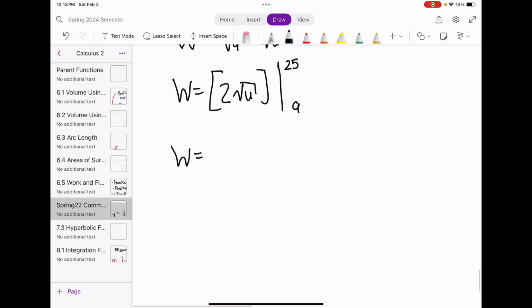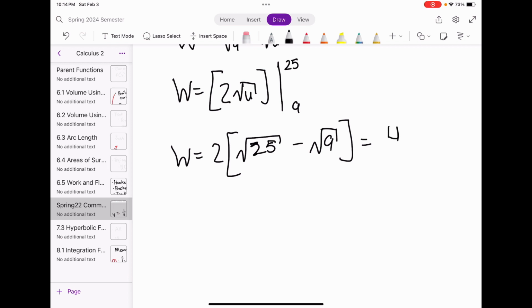W is equal to 2 times the square root of 25 minus the square root of 9, which is just 5 minus 3. So it's 2 times 2, which is 4. And the units here are pounds per foot.